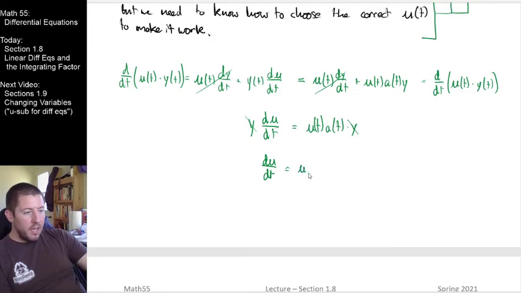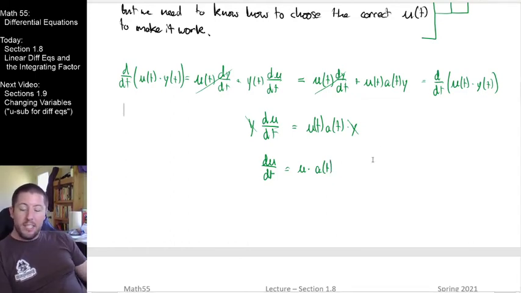Well, I'm going to stop writing my of t's right there just because we're trying to identify what mu is. So this is now saying, do you know some function mu where when you take its derivative, you get back mu, maybe times some extra stuff? And oh yeah, you do.